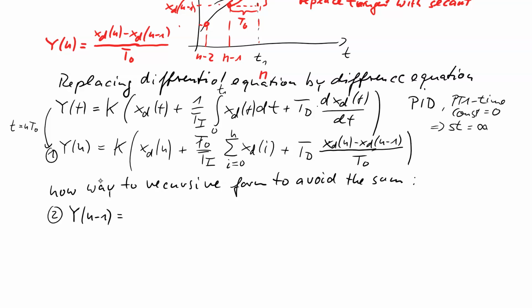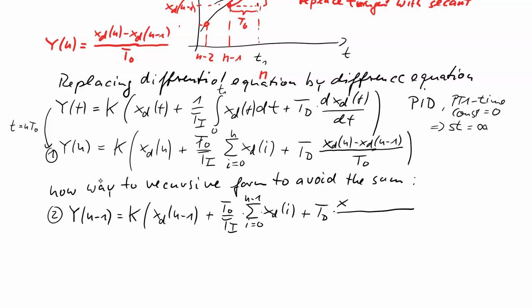So one step before, I have to calculate the following algorithm: k times xd of n minus 1 plus T0 divided by Ti times the sum from e equals 0 of xd of e, but now ending with n minus 1, plus Td times, now the difference also has to be calculated one step before, so this n becomes n minus 1, and this n minus 1 of course then becomes n minus 2, divided by T0, parenthesis closed. This is the equation copied, but one step before, and now I calculate, like I have done before, the difference of both equations. On the left side, I correct this at once by bringing the negative y n minus 1 to the right side.